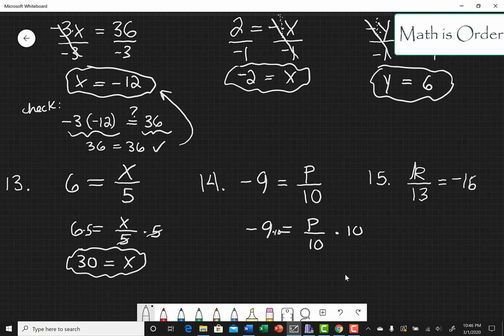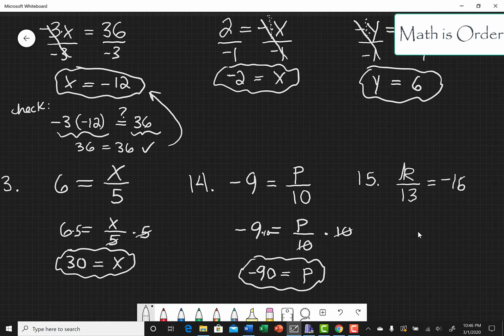Now, this 10 on the top, in the numerator, and this 10 in the denominator are going to cancel each other out to make 1. And then 1 times p is just p. Meanwhile, on the left-hand side, -9 times 10 is -90. Right? So our final answer is -90.